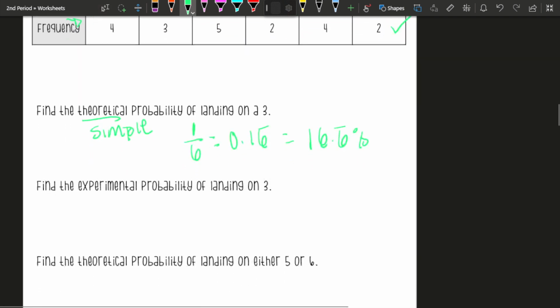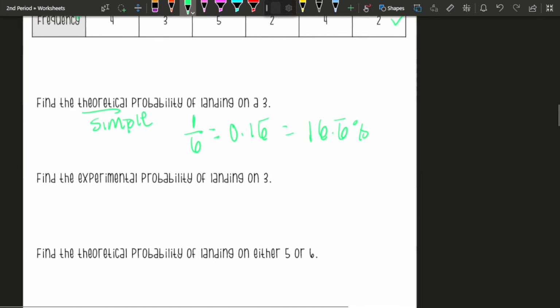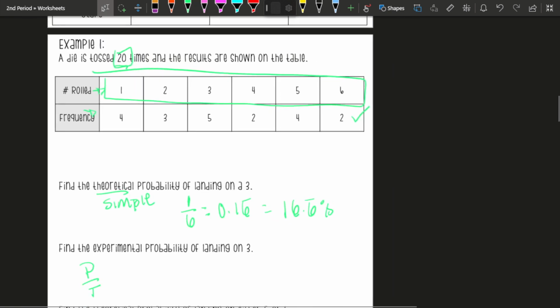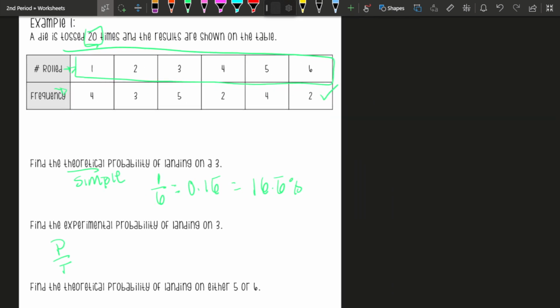So now, we're still going to do part over total. But in this case, my total is how many times we did the experiment, which is 20. Now, how many times did it land on 3? Now we're looking at the frequency. 5 times. And can we simplify this? Yes, we can simplify it by 5, so this will be 1 out of 4.